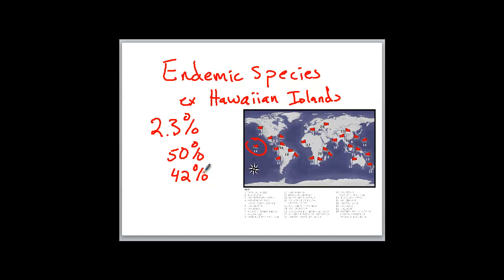So in 2.3% of the earth, we find half of the plants and almost half of all of the vertebrates. And so therefore these biodiversity hotspots are so important.